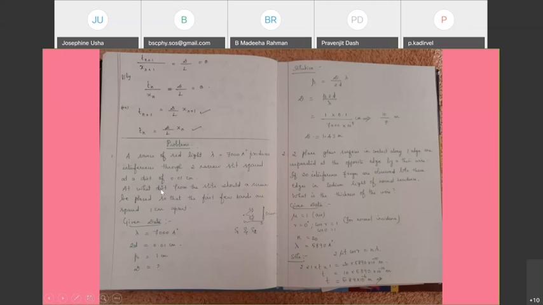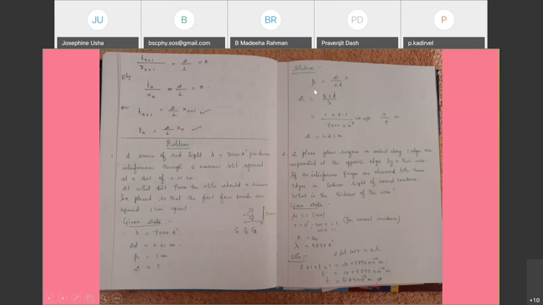Our aim is to find what? The distance from the slit. So capital D alone we have to find, that is, where to place the screen from the slit. So the formula is beta is equal to lambda D divided by 2D. Read the question so that we can use this formula. This is from Young's double slit experiment.